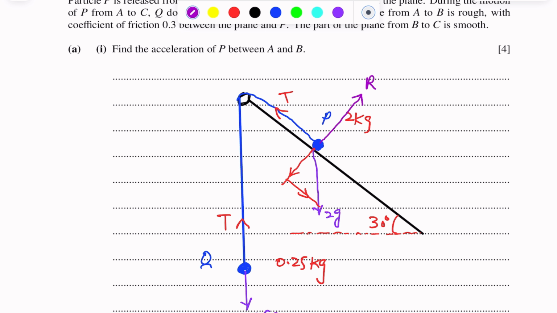This point is A, this point is B, and this point is C. Distance AB is 0.8 meter, and this distance BC is 1.2 meter.